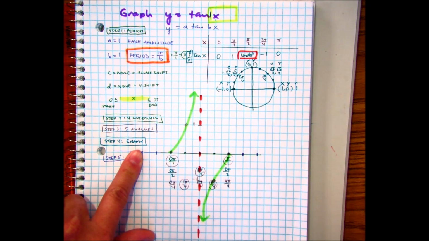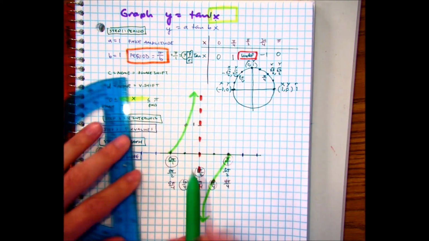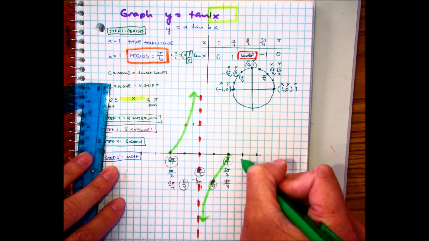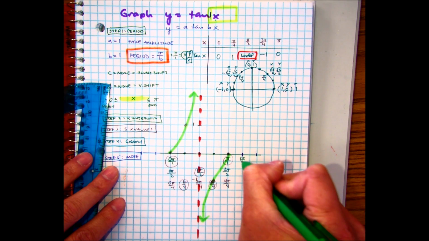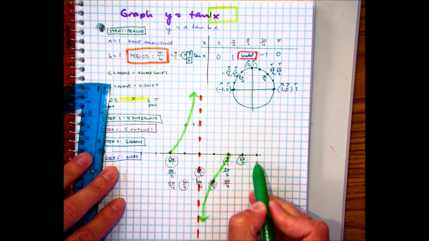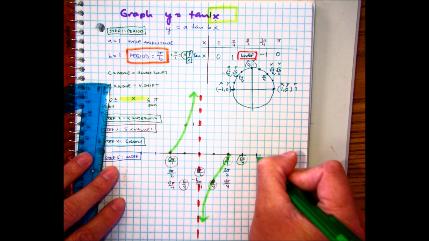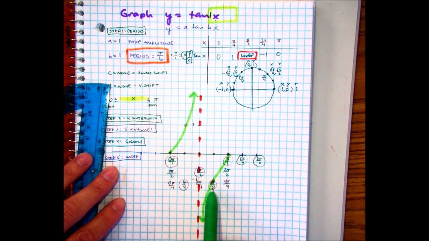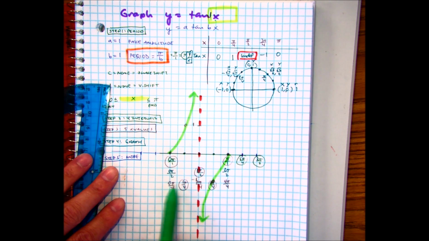Now, if you notice how we're counting pi over 4, so 3, 4, this one will become what? 5 pi over 4. And this one will become what? 6 pi over 4, which is 3 pi over 2. So we're just counting by pi over 4: 3, 2, 1, 0.